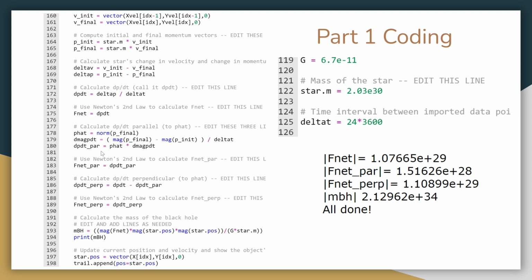And I found dp dt parallel by using Newton's second law formula, the velocity and position. And then after finding dp dt parallel, I was able to find dp dt perpendicular because the formula is F net equals dp dt perpendicular plus dp dt parallel.